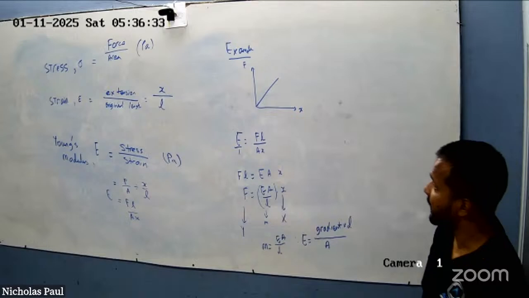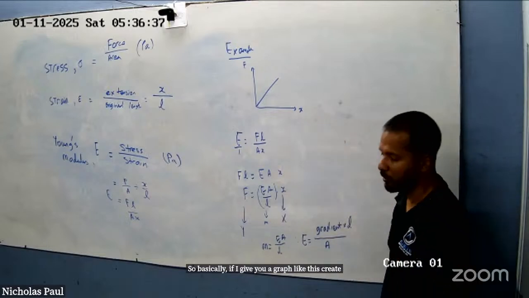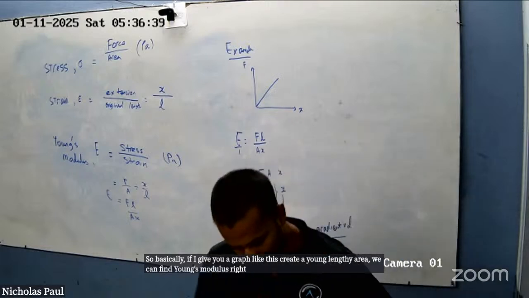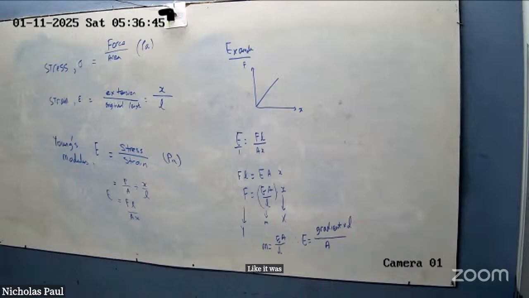So basically, if I give you a graph like this, with gradient, length, and area, we can find Young's modulus. Let's see if I can give you one with some values. That's the problem. I don't want to plot this now, or it will take two classes to plot it.